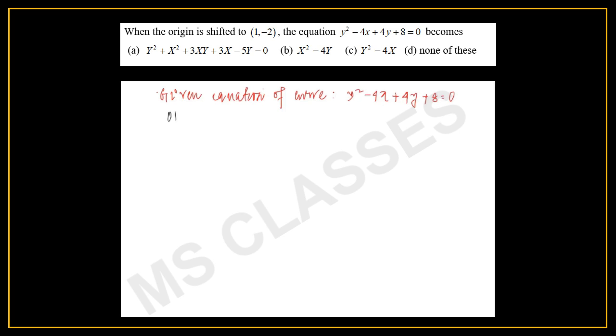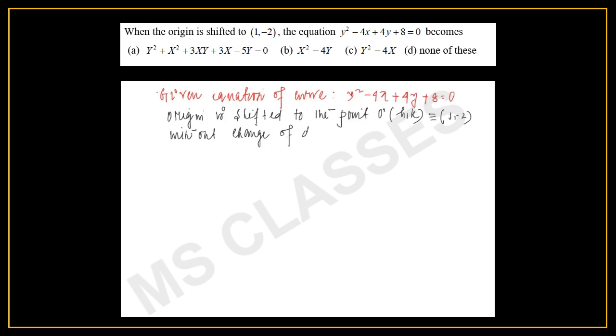So the origin is shifted to the point O prime, h comma k, and according to the question it is 1 comma minus 2, without change of direction.